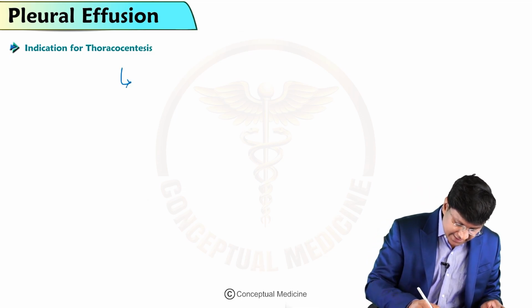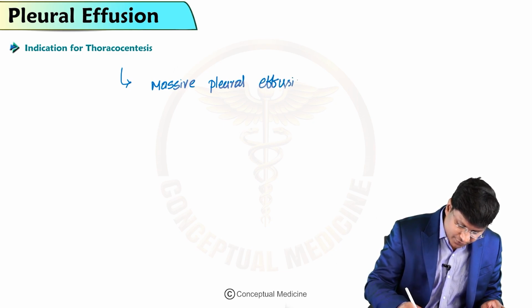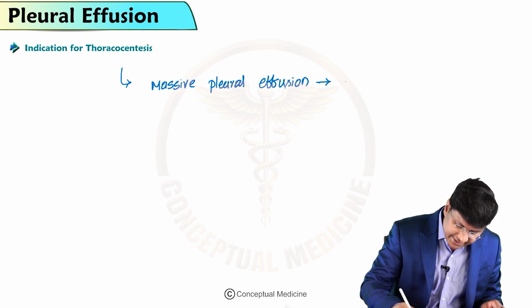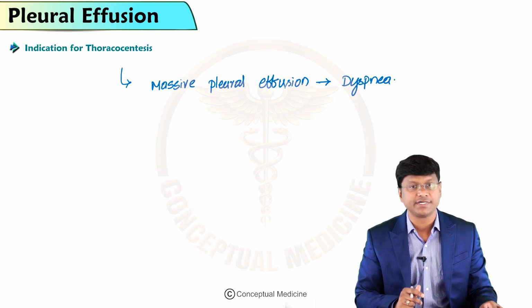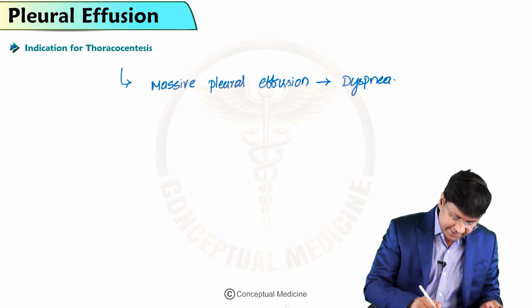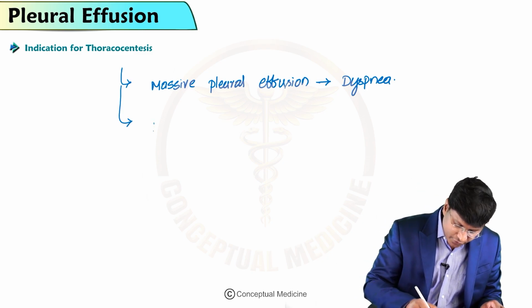Number one, if there is a massive pleural effusion causing dyspnea in the individual, that is an indication for thoracentesis. And the next important indication is for pleural fluid analysis.